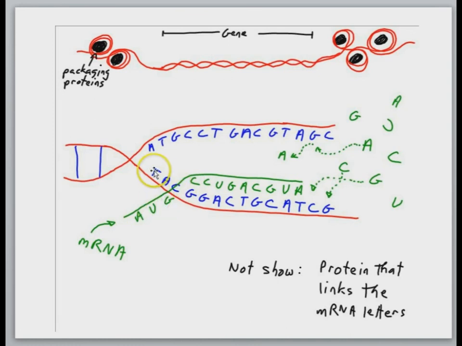So this was a T, it matched up with the A. The A was right there, the U was right here next to the A, and here's the G, it was here with the C, but now it's starting to detach. And when this messenger RNA molecule is finished, it will detach from the DNA and leave the nucleus. Then the 2 DNA strands will get back together again to form the double helix, the twisted ladder.